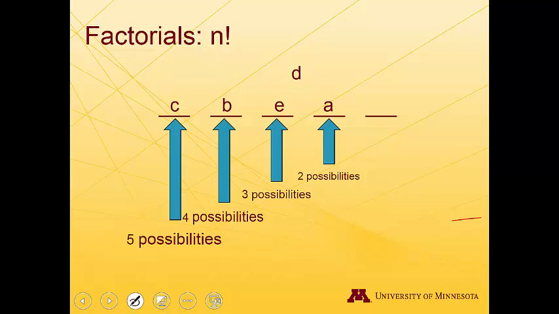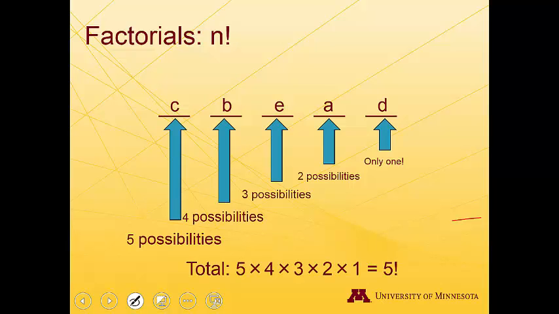And then last, only 1 possible letter for this slot. So how many arrangements could I have made there? Well, 5 times 4 times 3 times 2 times 1. That's what we call 5 factorial. 5 times all the integers smaller than it, not including 0 or any negative numbers.